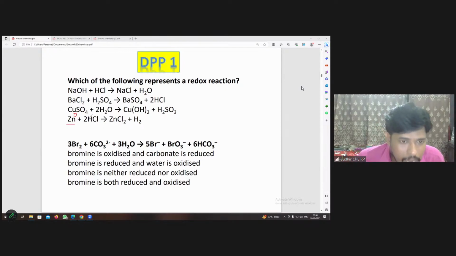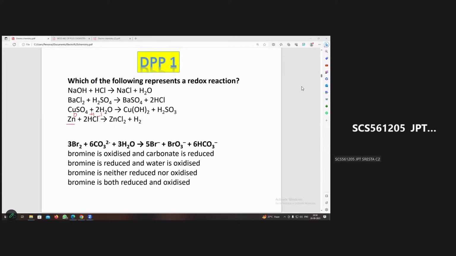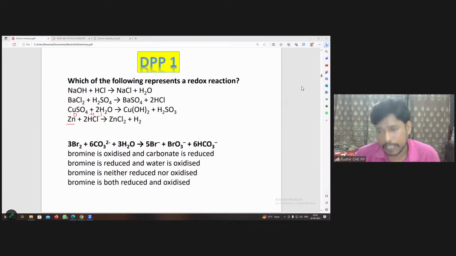And in the compound form, hydrogen and chlorine, hydrogen is present in +1 form and chlorine is present in -1 form. Now, zinc after the reaction is present in +2 oxidation state and chlorine as usual is -1. But hydrogen, its oxidation number changed to 0. Why? Because it is liberated in the neutral elemental form.